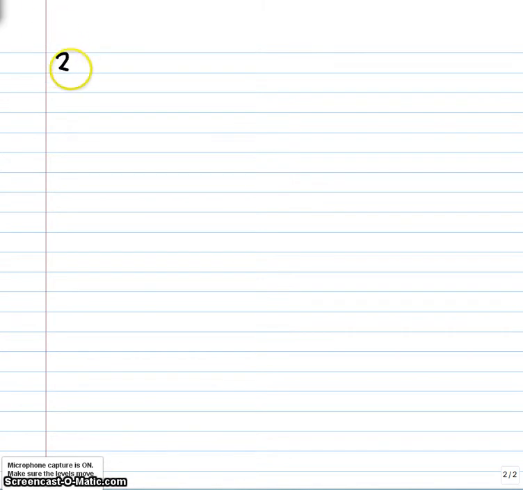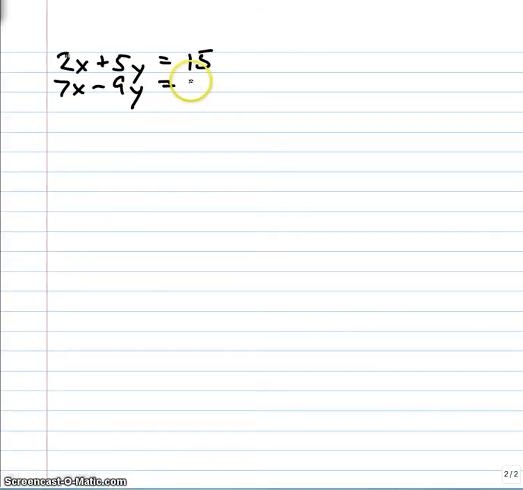Let's do 2x plus 5y is equal to 15. Let's do 7x minus 9y is equal to negative 133.